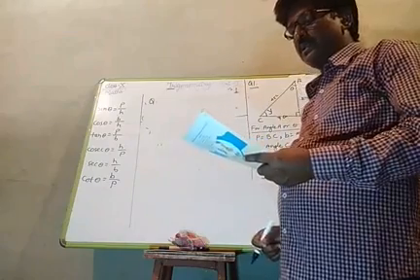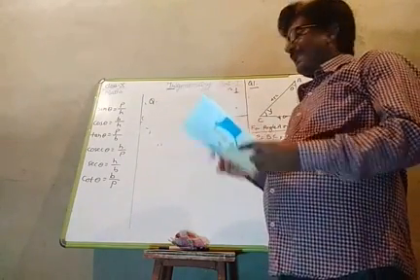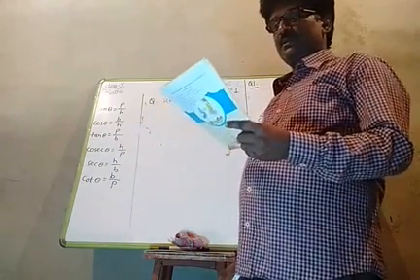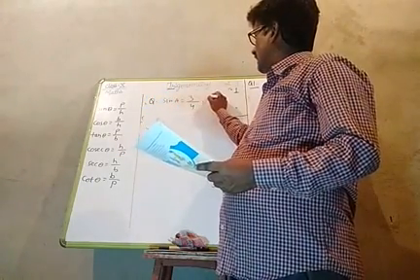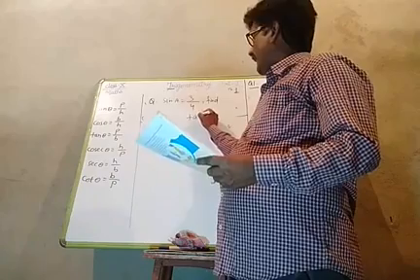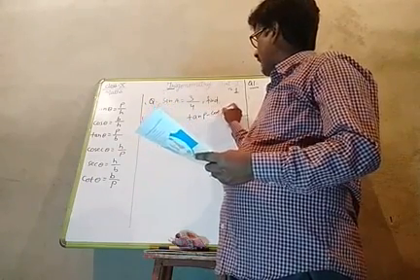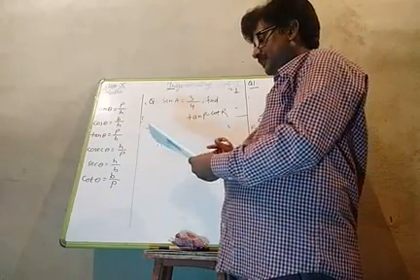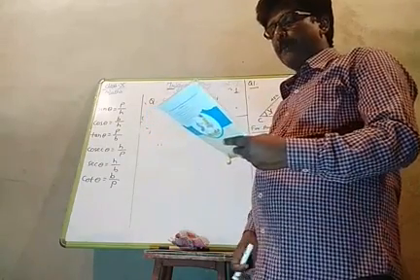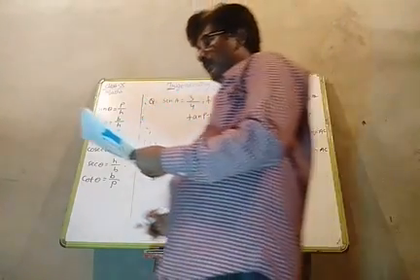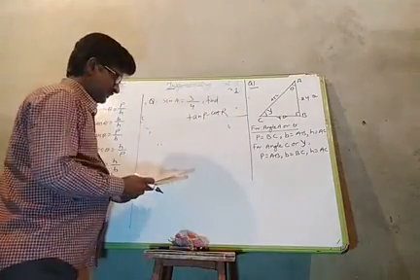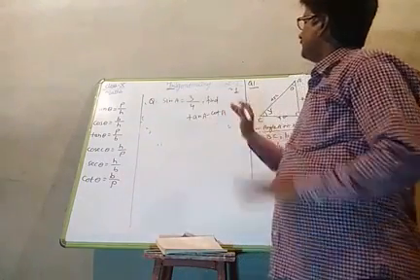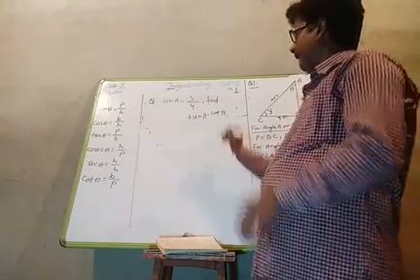For example, the question is: if sin A is equal to 3 by 4, then find tan A minus cot A. Such types of questions are given.